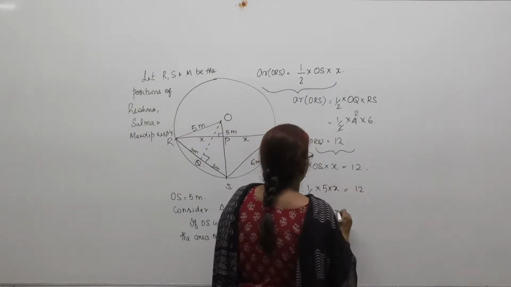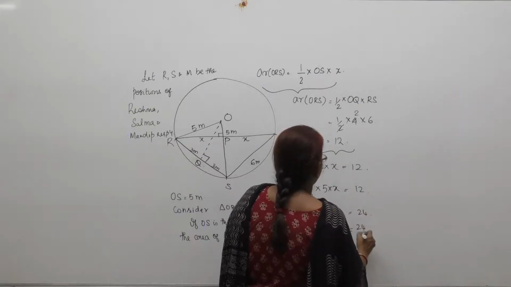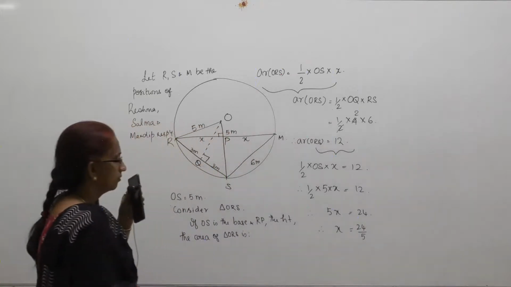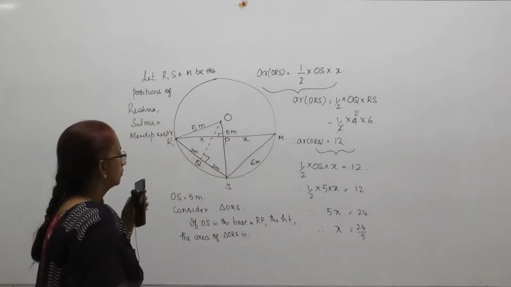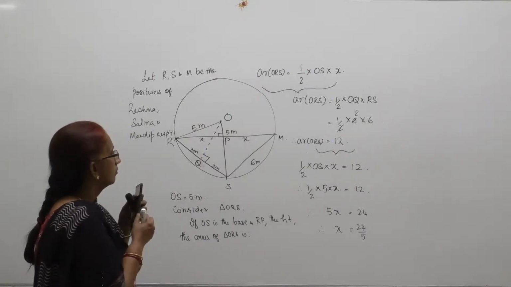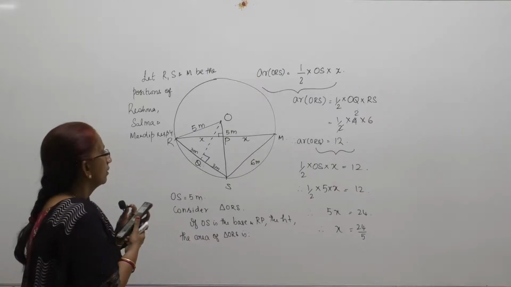Therefore, 5x equals 24. Therefore, x is equal to 24 divided by 5. Did you understand, girls?